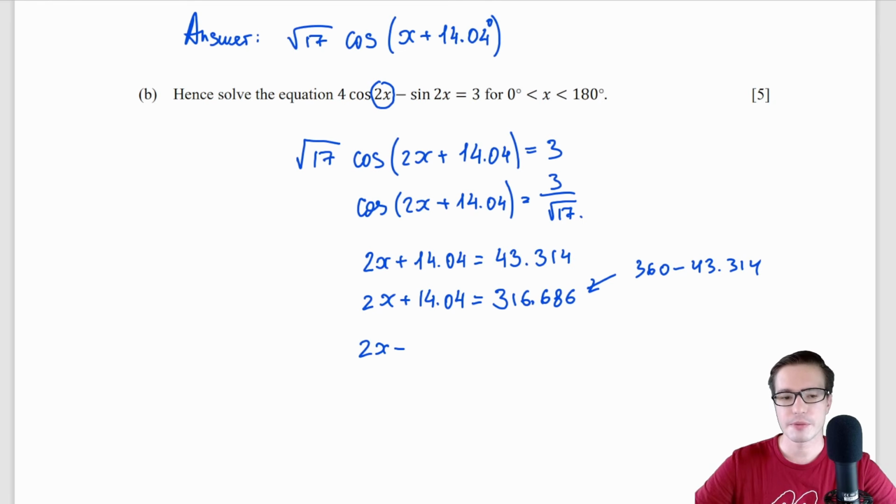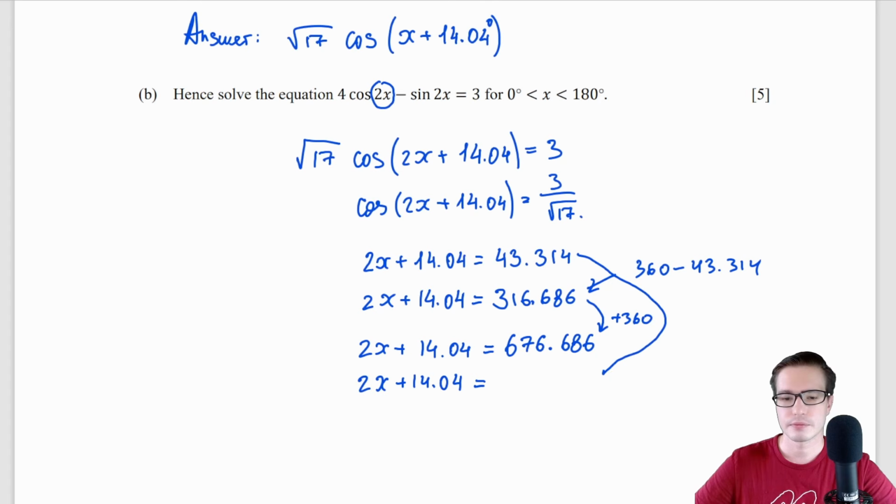So we'll get 2x plus 14.04 equals 676.686. And now add 360 to the first one. 403.314.